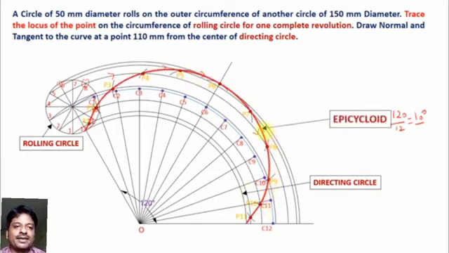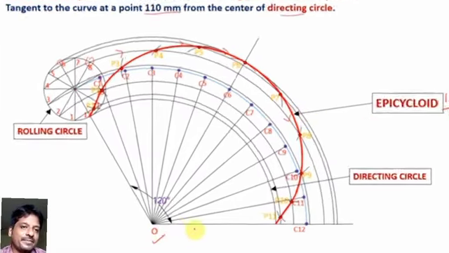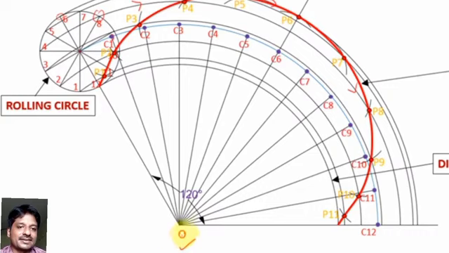Now we are going to make a normal and the tangent line for the curve for the point 110 mm from the center of the directing circle. Here in this case it is given as 110 mm. So this is going to be the center of the directing circle, and mark an arc on the epicycloid at the distance of 110 mm.